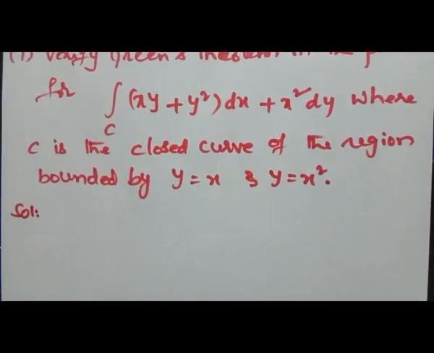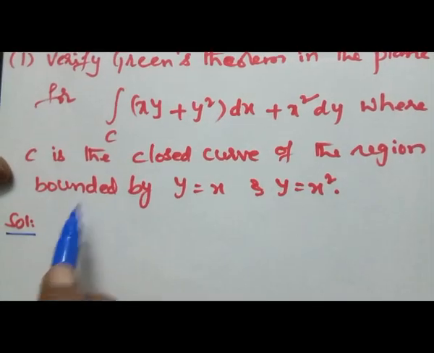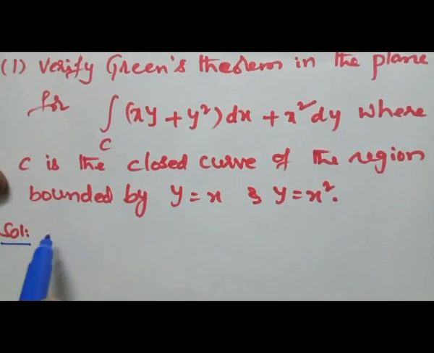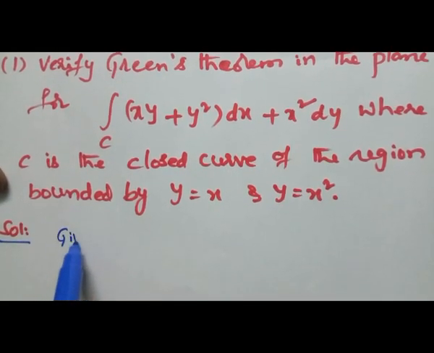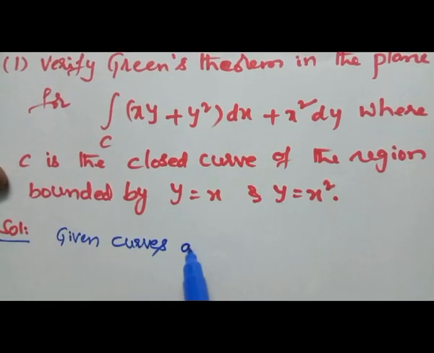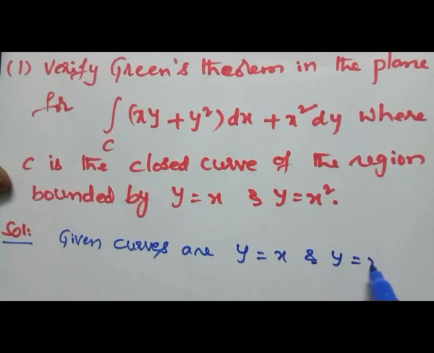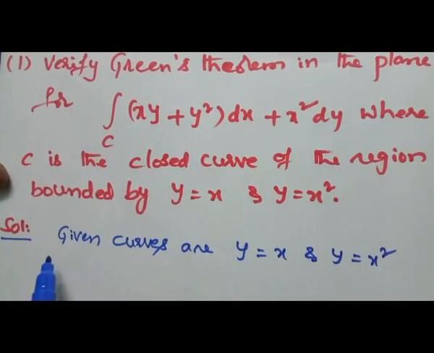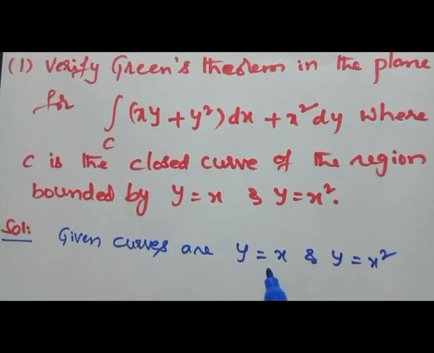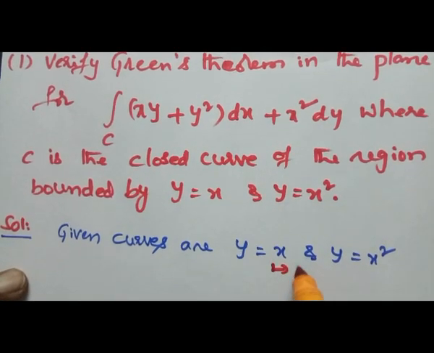Now solution. Here the given curves are y equal to x and y is equal to x square. Say this is equation number 1 and this is equation number 2.